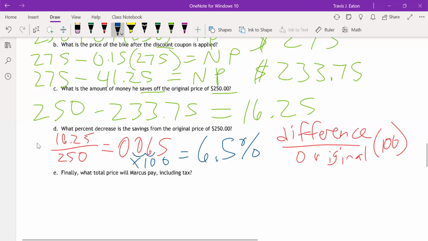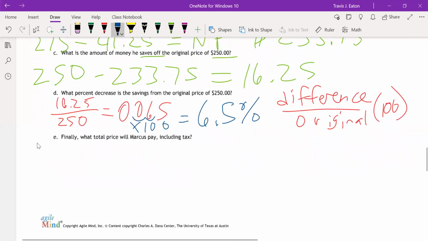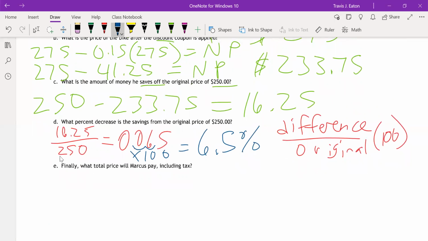Very nice. And now our very last question for this particular task is, what is the total price he will pay, including tax? Oh, that tax. So remember, now we've got a new price, right? The $233.75.